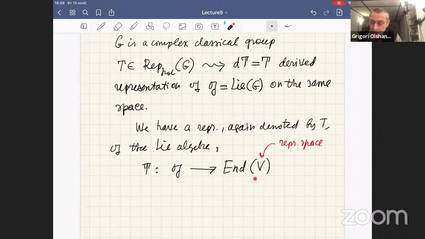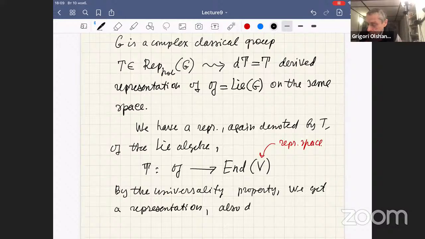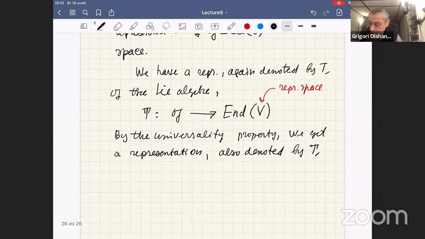By the universality property, we get a representation, also denoted by T, of the universal enveloping algebra.